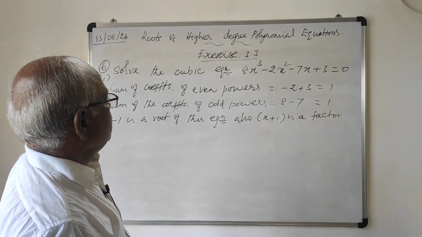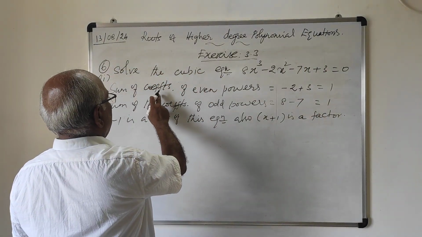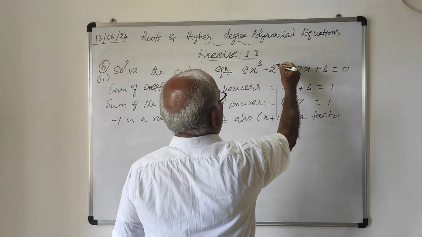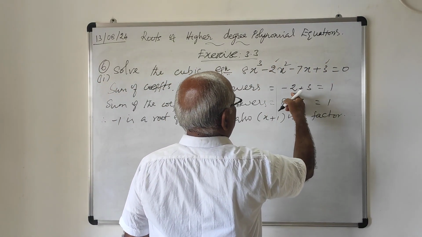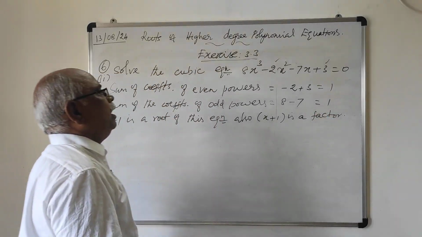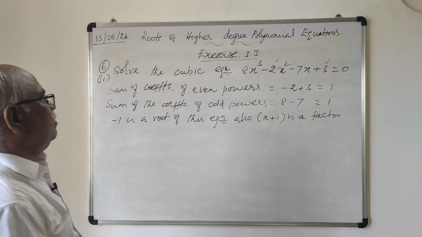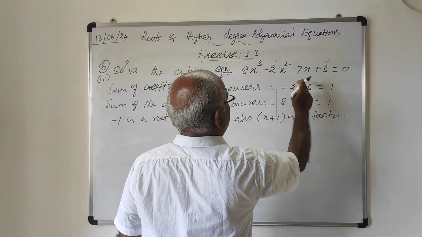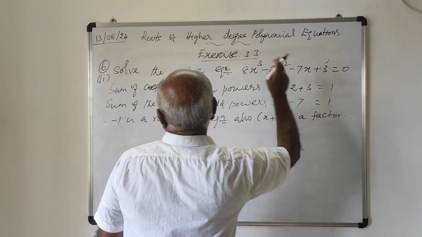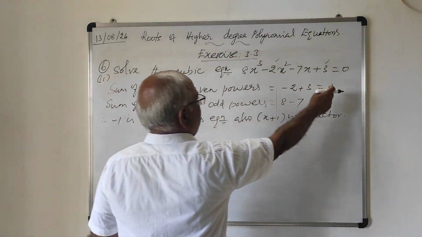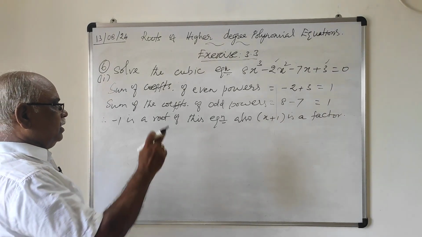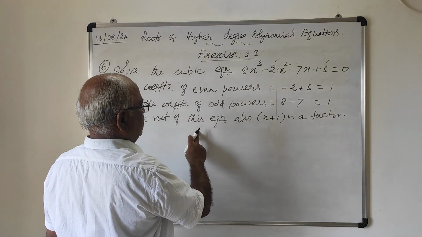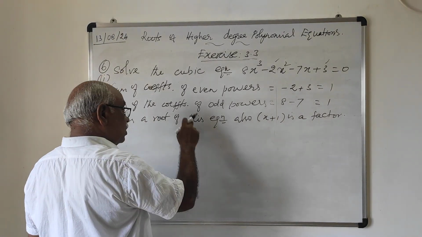In this equation, the sum of the coefficients of even powers is minus 2 plus 3, constant, that is 1. And the sum of the coefficients of odd powers, 8 minus 7, is also 1. So the sum of the coefficients of odd powers is equal to the sum of the coefficients of even powers. Therefore, from that rule, minus 1 is a root for this equation.